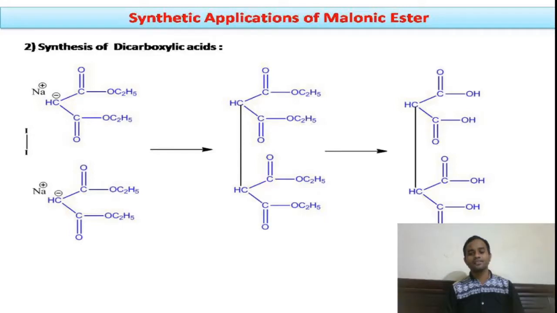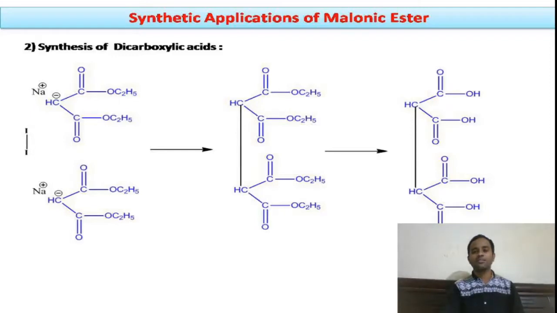You can clearly see when we subject 2 moles of carbanion of malonic ester to iodine, these two will combine to form this tetra ester compound, right? This tetra ester containing compound, upon hydrolysis, we will get the tetracarboxylic acid as the product.